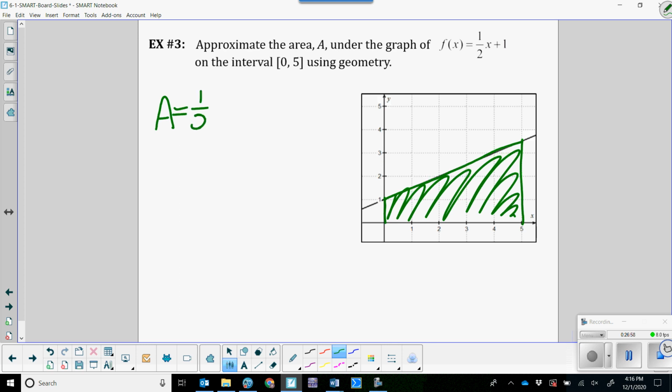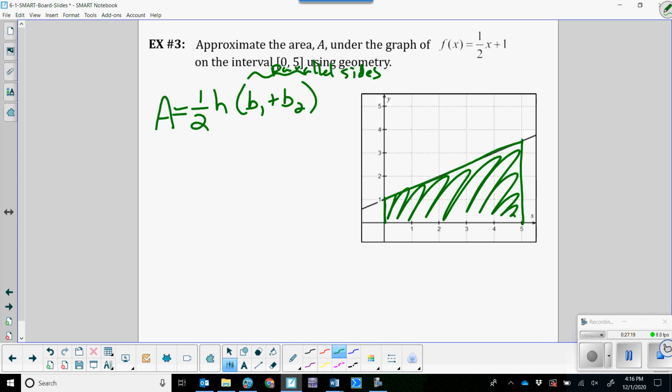The area of a trapezoid is 1/2 the height times base 1 plus base 2. Remember that the bases are the parallel sides, okay?